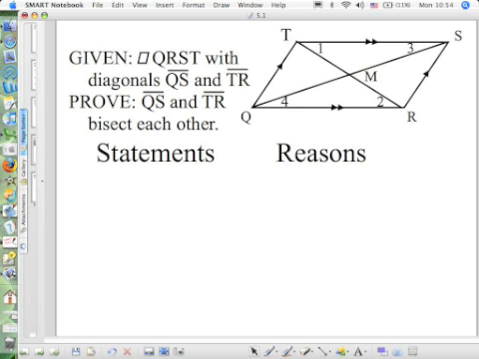All right, we are given that we have a parallelogram. So according to what we've already learned, we know that opposite sides are congruent to each other, don't we? Let's just start with this. Okay?